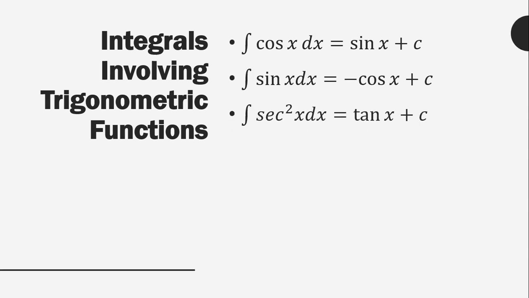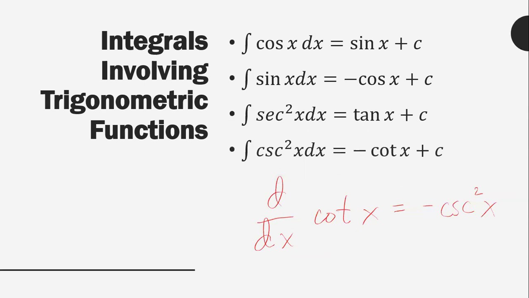Then also recall the answer when we get the derivative of a cotangent function. Isn't it that the answer is negative cosecant squared x? So we do the opposite now. The integral of cosecant squared x dx is negative cotangent x plus c. So you see the relevance of the derivative with respect to its antiderivative.